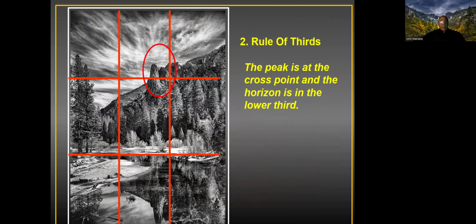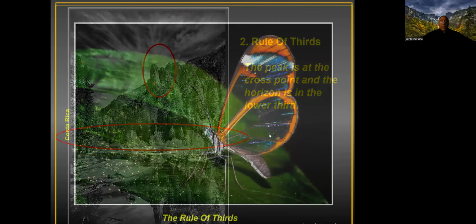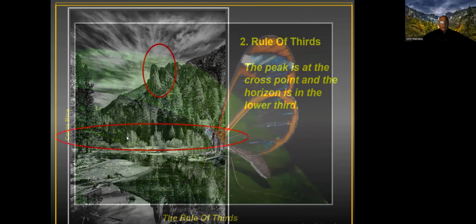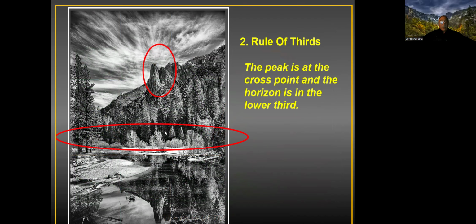And the horizon is along that lower portion of the grid, so that's where the best balance is to have the horizon. Oh, and I highlighted the trees against the darker trees, which brought out more three-dimensionality.